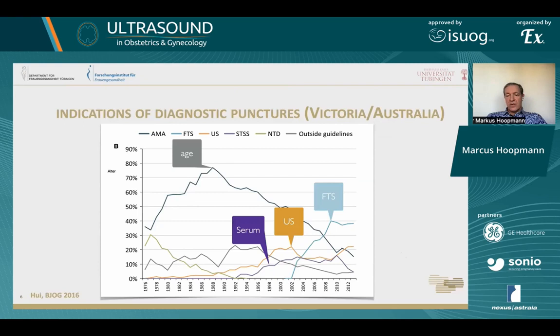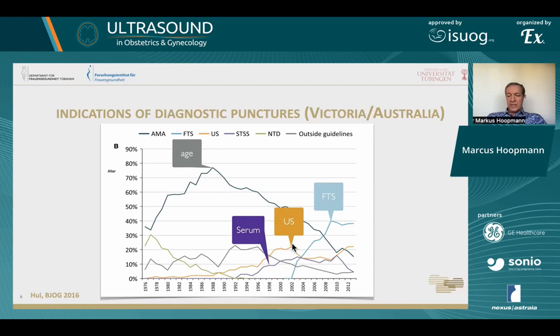This can also be seen in the development of the indications for diagnostic punctures. Here we see a nice study from Australia, showing that in the 1990s, advanced maternal age was still the main reason to do a needling.